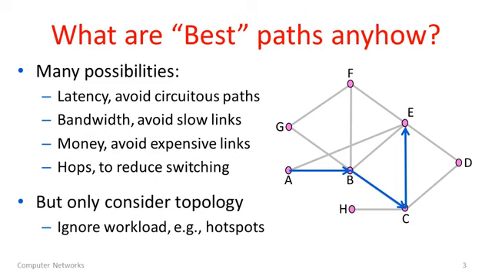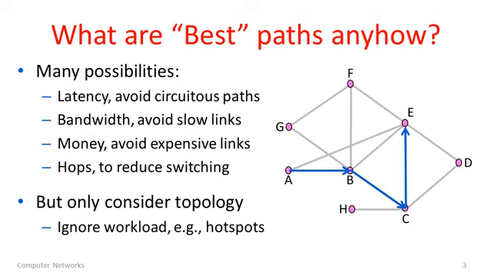Now, while it might seem like I've admitted pretty much everything here, there's a class of best that we've actually ruled out that I haven't mentioned. And that is to do with hotspots.